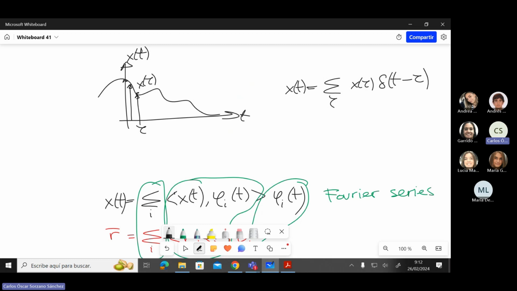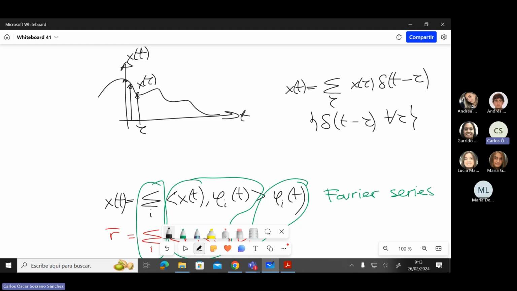If I take all these deltas that are infinitely close to each other, and I put them one after the other, what I have is x of t. Okay, so now what is my basis? My basis is delta of t minus tau for all tau.